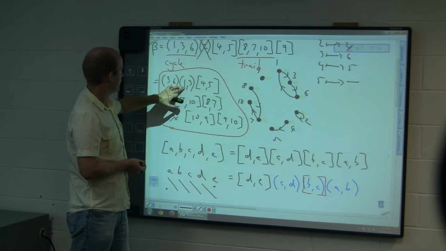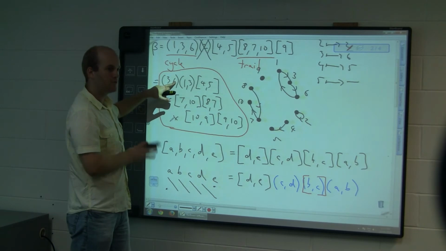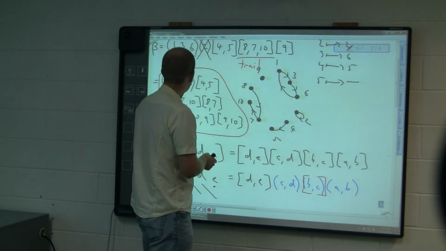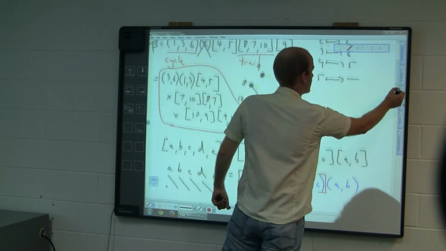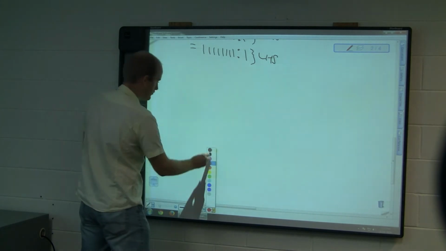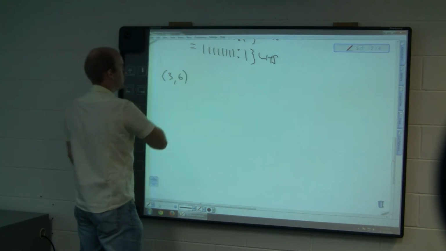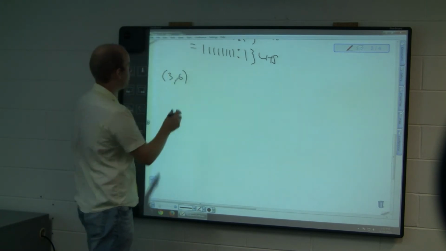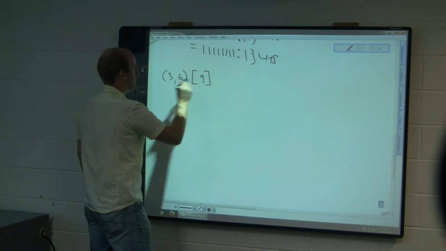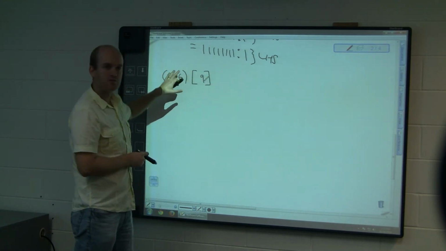But I can turn, for example, this 3, 6 into a product of other trails. So let me try and show you how we can do that. Let's use the fact that somewhere in our picture we've got this 9, and I'll try and show you how I can write this as a product of some trails.